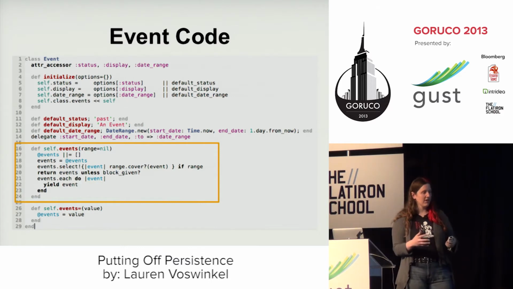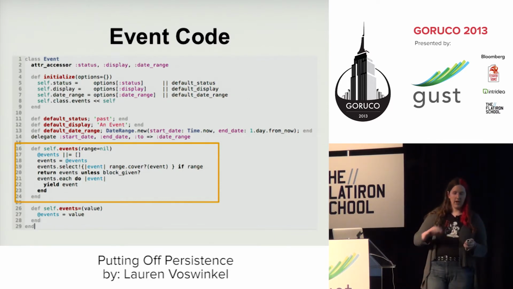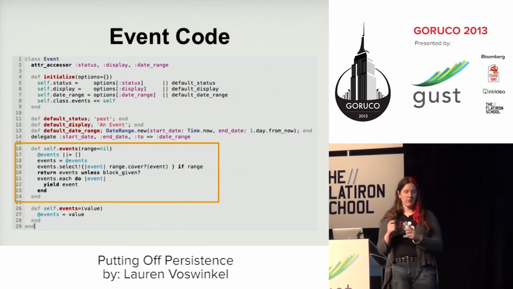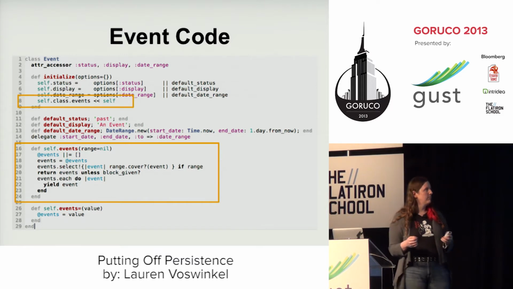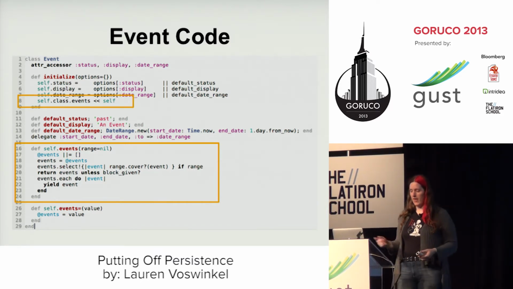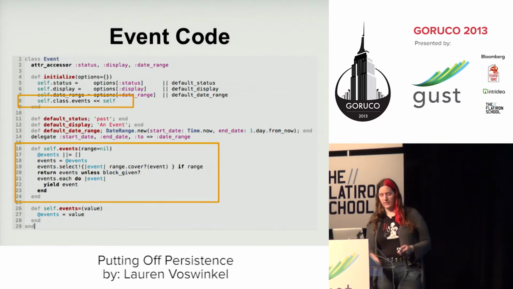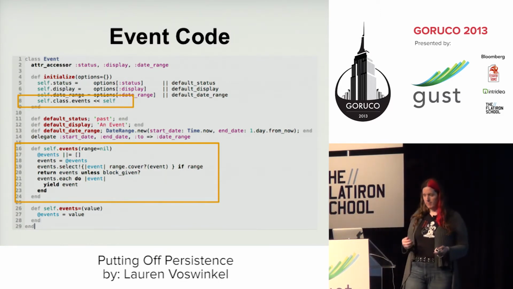And if you give it a block, such as in the view, it will iterate over that list and spit out or interact with your code using the block. And then in the instantiation, there's just a push onto that array that gets returned when there's no parameters passed into it. So it's pretty basic.